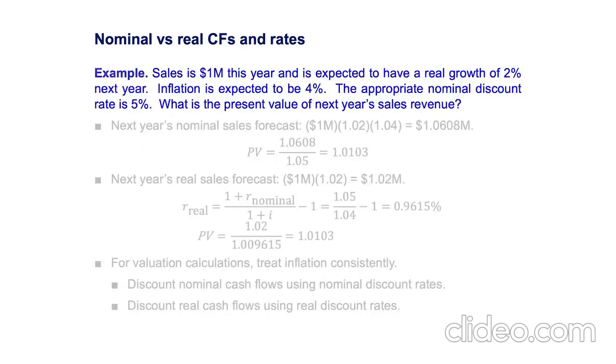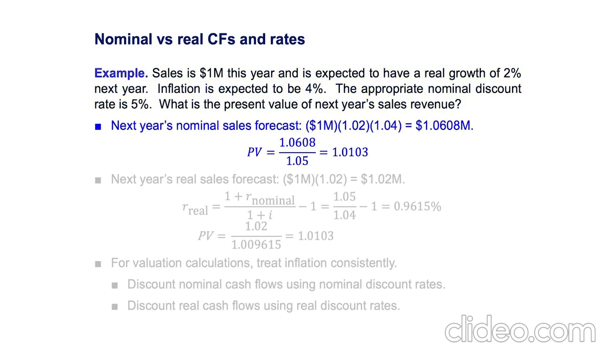Let's now consider a concrete example. Suppose that sales is 1 million this year, and it's expected to have a real growth of 2% over the next year. Inflation is expected to be 4%. The appropriate nominal discount rate is 5%. What is the present value of next year's sales revenue?